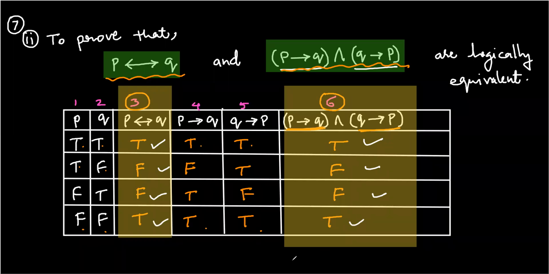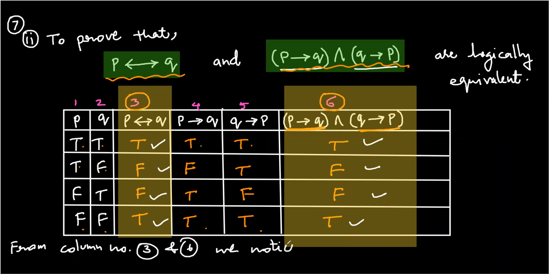So here what final answer will you write? You will write: from column number 3 and 6, we notice that all the entries are identical.